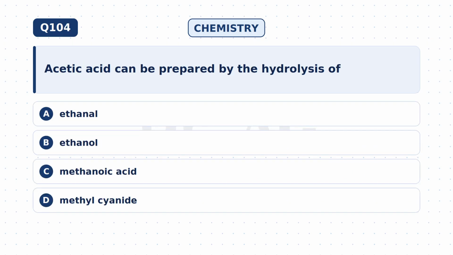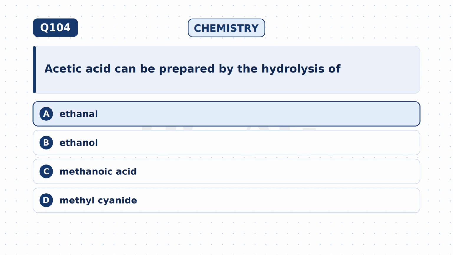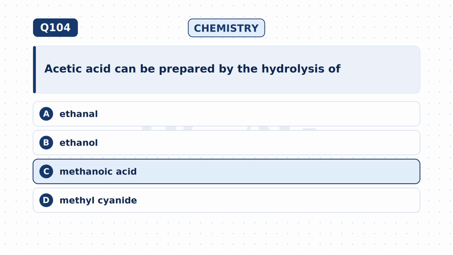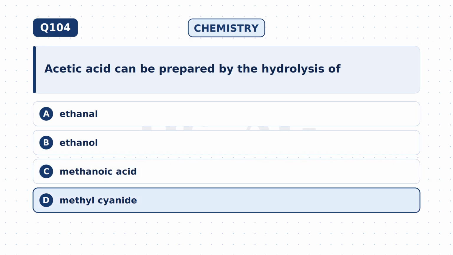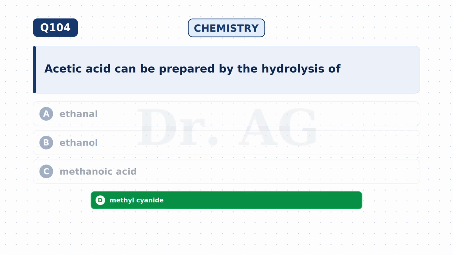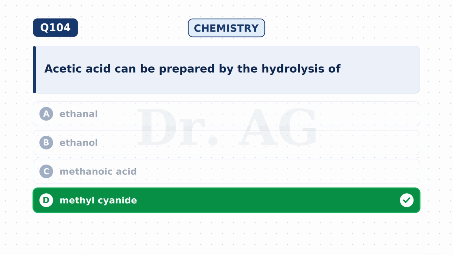Question 104. Acetic acid can be prepared by the hydrolysis of. Option A, ethanol. Option B, ethanol. Option C, methanoic acid. Option D, methyl cyanide. The correct answer is D, methyl cyanide.